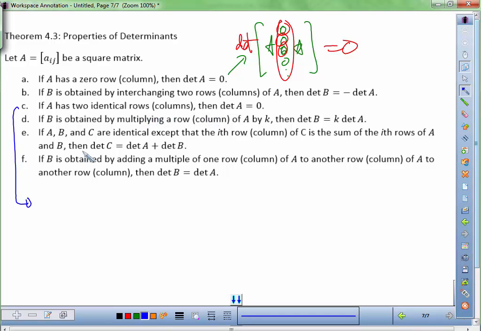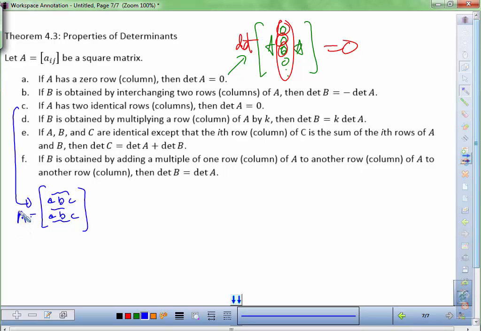If you have two identical rows, a, b, c and a, b, c, let's say this is A. Then the determinant of A is whatever it's going to be. Let's give it a value: determinant of A equals x or something.